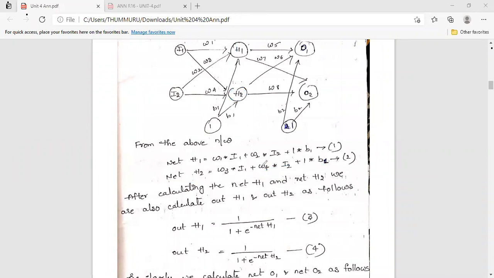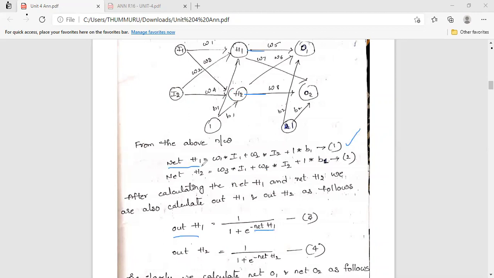Next, after this, now calculate the output values of H1 and H2. Output of H1 is equal to 1 by 1 plus e to the power of minus net H1. Already we have calculated net H1 under equation 1, isn't it?